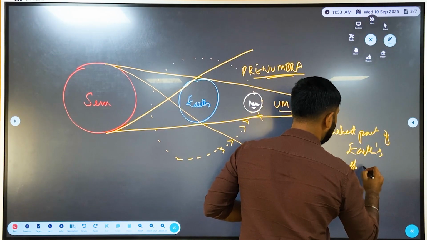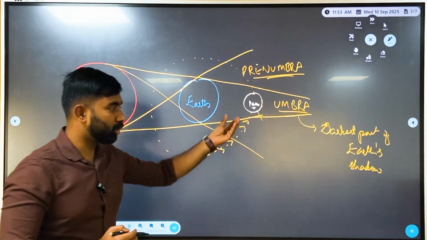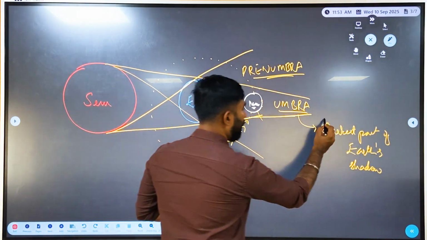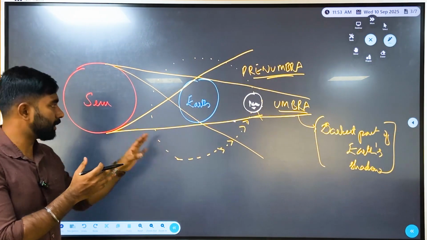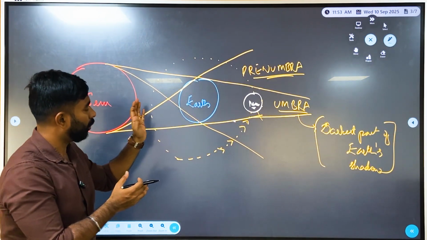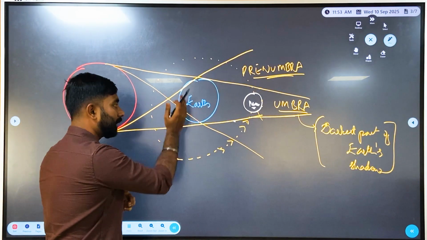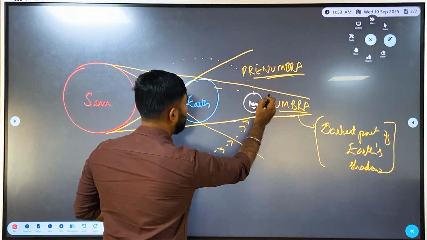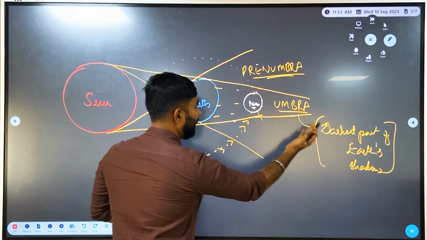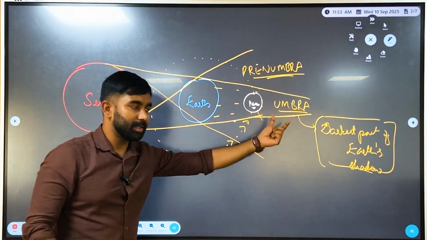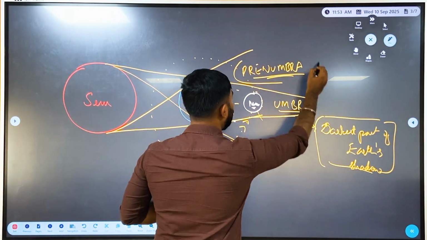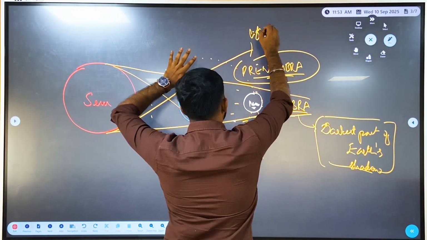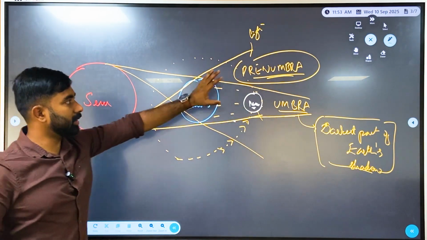The sun's light is coming and the earth comes in between, so obviously the shadow zone of the earth is completely dark, and that area is called the umbra. And then we have another area which is not that dark but has some light from the sun's rays, right? This is called the penumbra.